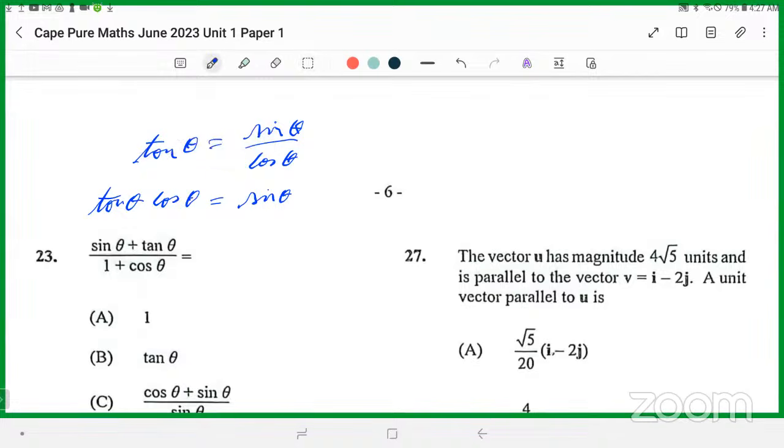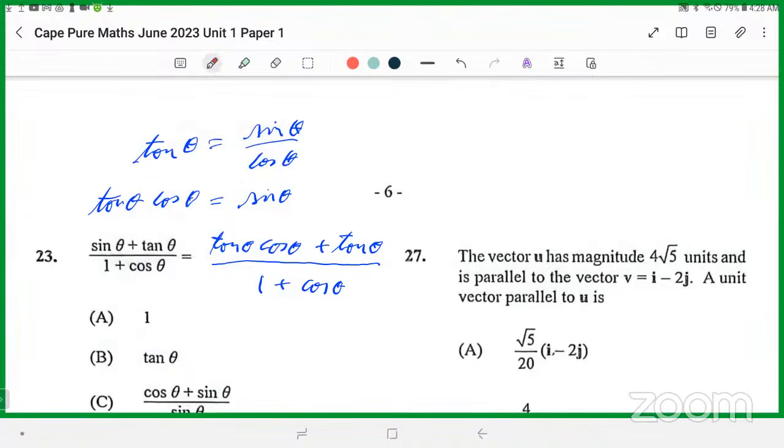So this expression is going to become tan theta cos theta plus tan theta, all over 1 plus cos theta. Why did I get that?